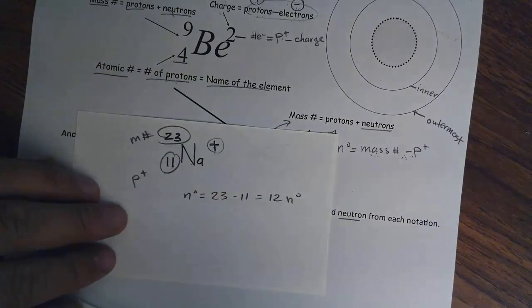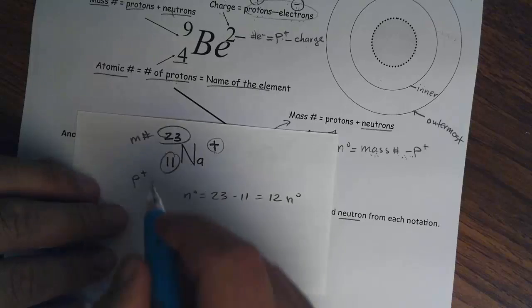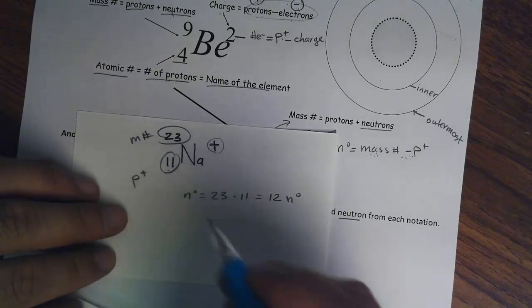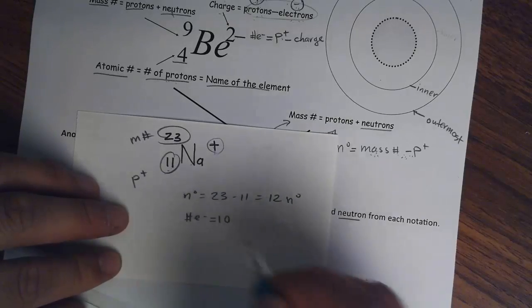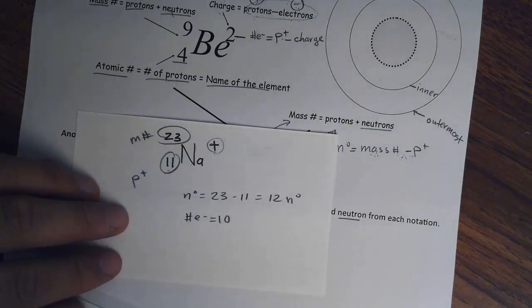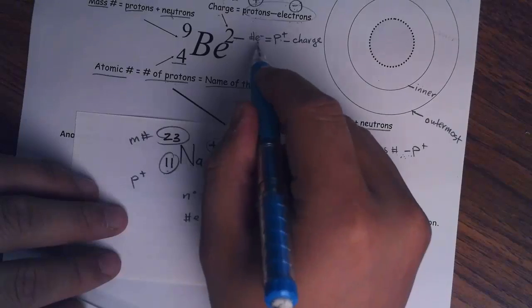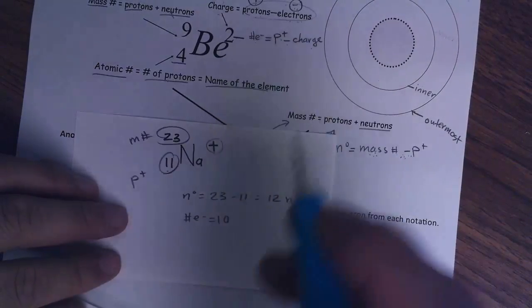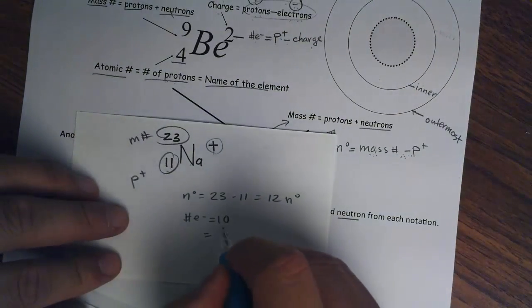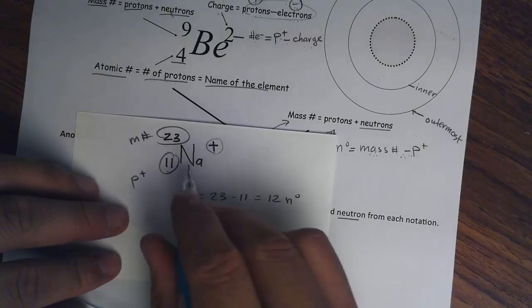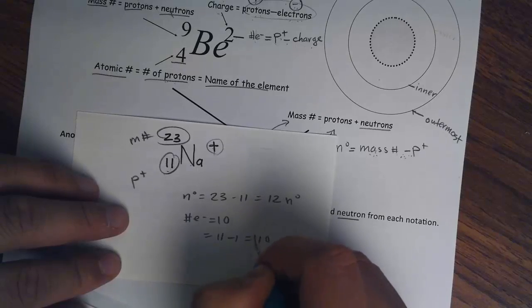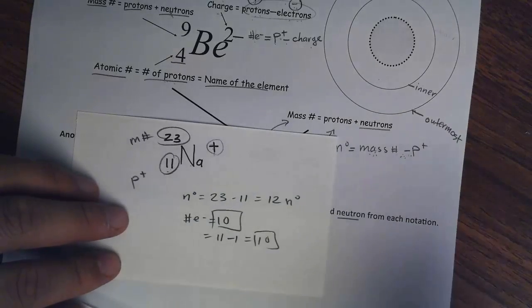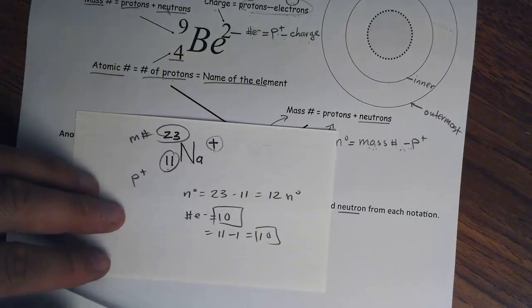That means it has 1 less electron. So if 11 has 1 less electron, the number of electrons must equal what? 10, of course. Or we can use this mathematically. The number of electrons equals protons minus the charge. The number of protons is 11 minus the charge, which is positive, so minus 1, and that gives us 10. So either way, we will solve for the number of electrons. And that's all we have to do.